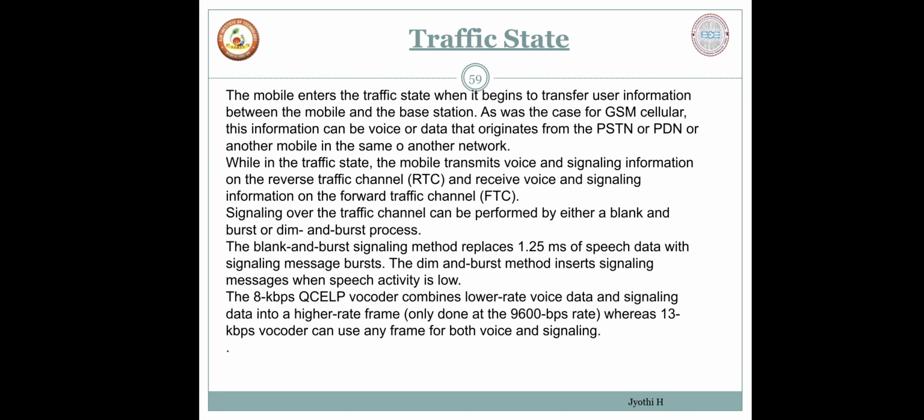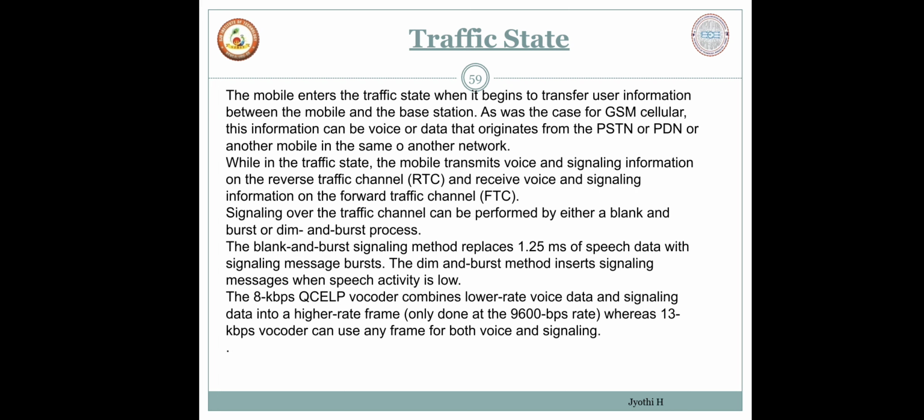The signaling over the traffic channel can be performed by either the blank and burst or the dim and burst process. The blank and burst signaling method replaces 1.25 milliseconds of speech data with the signaling message burst. The dim and burst method inserts the signaling messages when speech activity is low.